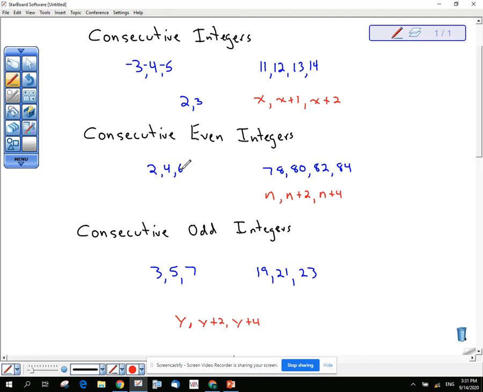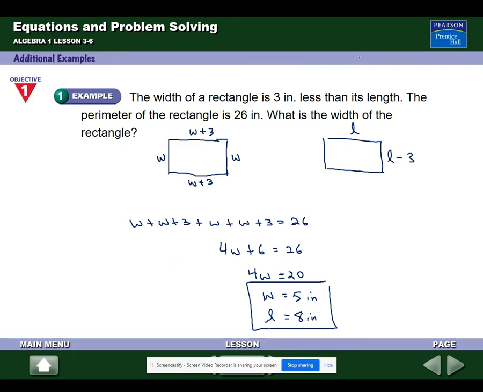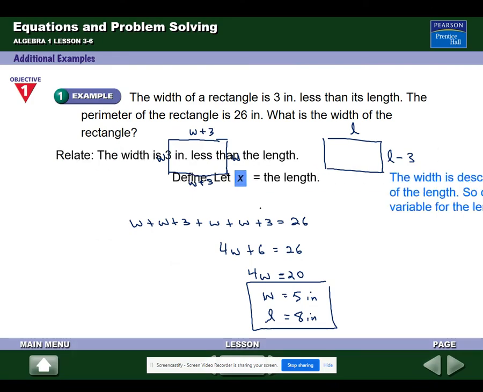Okay, now it sounds like I'm probably scolding you for things that people in the past have done, and that's probably true. If you're expecting even integers and you come up with 22.5 and 24.5, that's not correct because those aren't integers. So please check yourself in that way after you've come up with an answer. That's called having number sense.